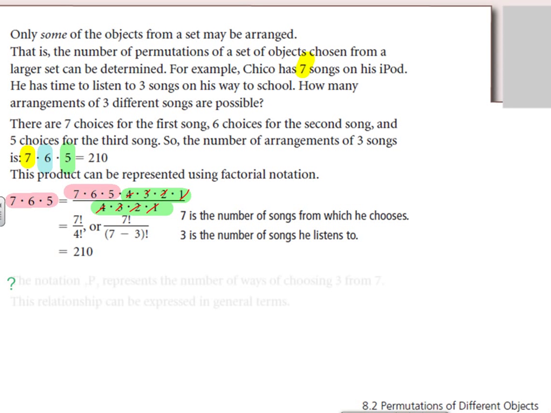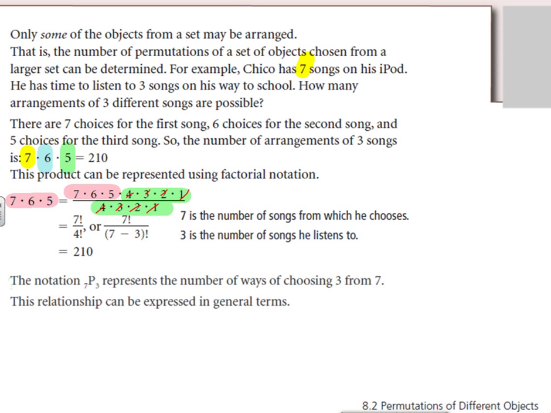That allows us to develop a new formula. 7 permutations, 7 permute 3. This is saying, out of 7 objects, pick 3.